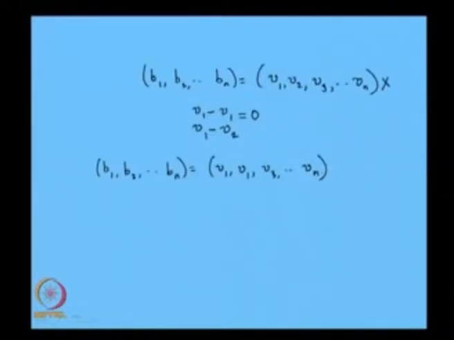If player 1 deviates and bids something more, suppose he bids B1 which is greater than V1, then the payoff is V1 minus B1, which is less than 0, whereas presently he is getting 0.